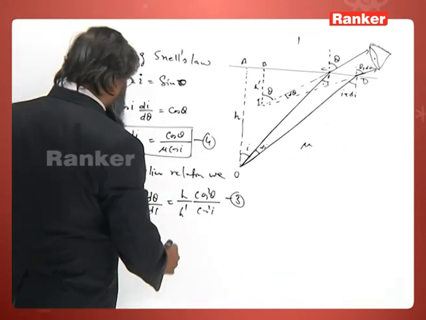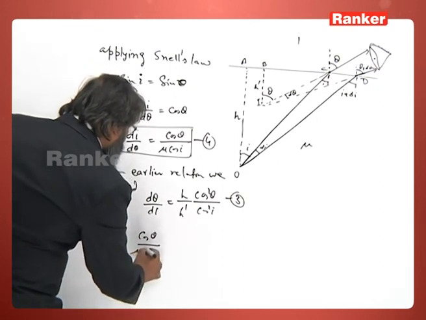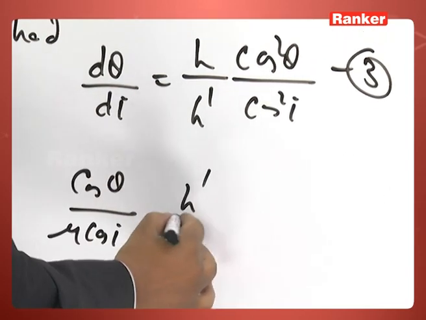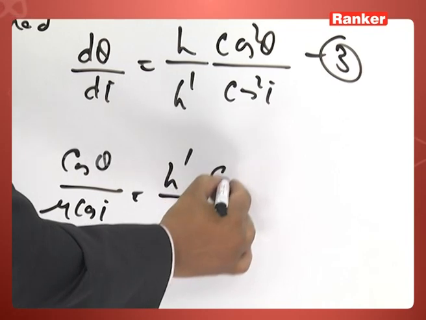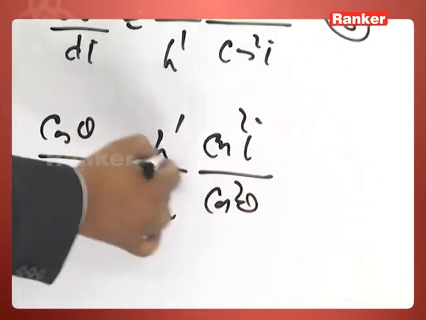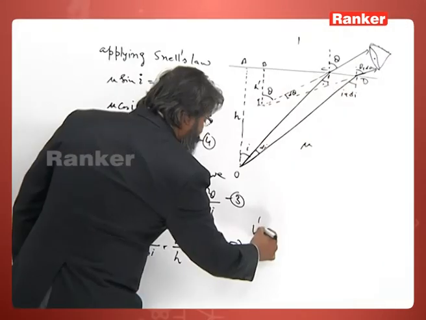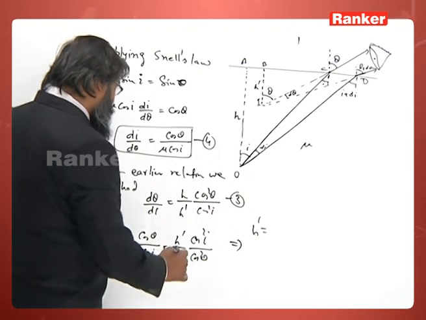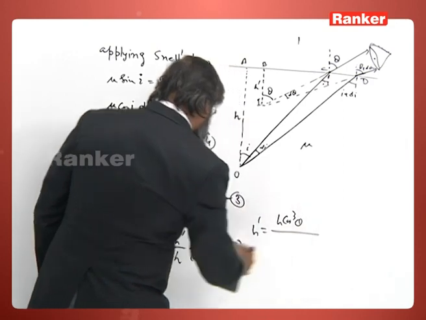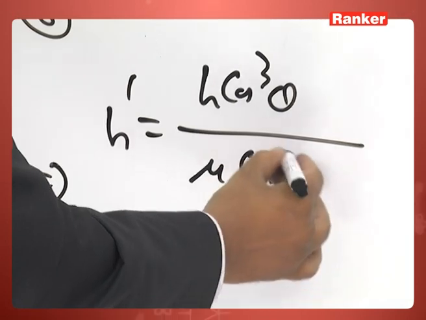So now we couple these equations, we get cos theta by mu cos I, this is DI by d theta, will be H dash by H, cos square I by cos square theta. Now we wish to calculate H dash, which implies H dash will be equal to H cos cube theta by mu cos square I.